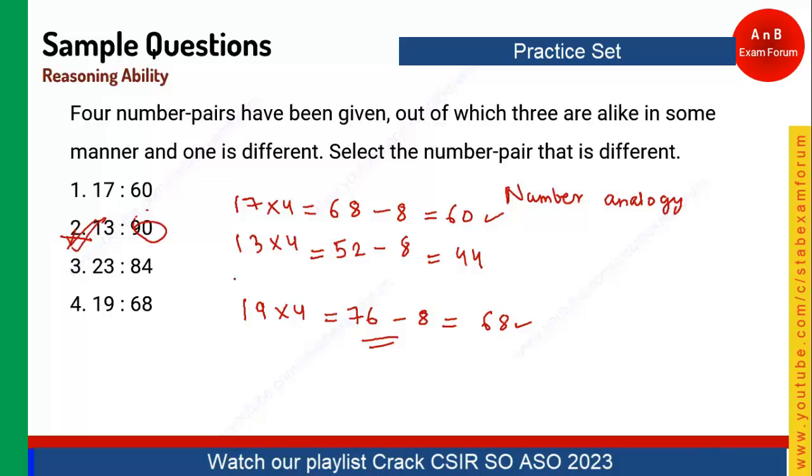Okay, understood, student? You need to find the relation. That relation finding is only possible if you practice a lot. The trick for this question is to see the trend between these numbers. 17 is 60, 19 is 68. You can see they are 17, 18, 19, and 60 and 68 are somewhat closer.